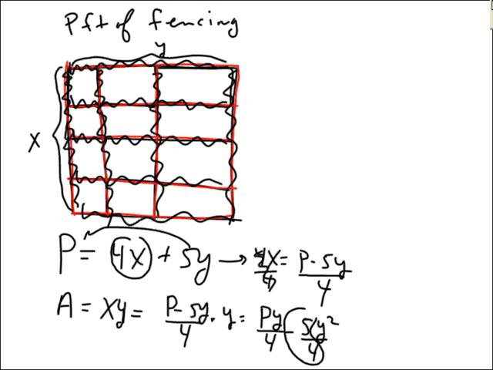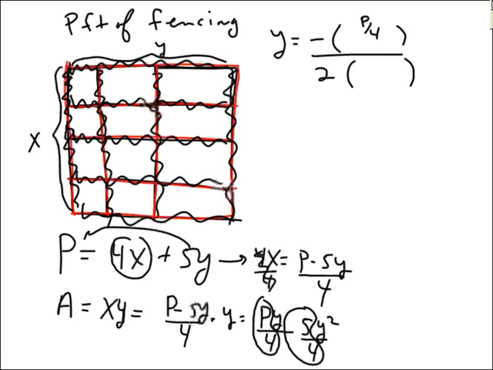That's a, the number including the sign in front of the square term, and b, including the sign, the value in front of the linear term, the y term. So y should be negative b over twice a. And b is p over 4, and a is negative 5 over 4.